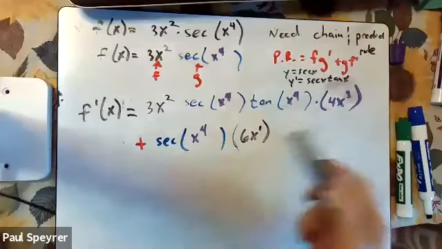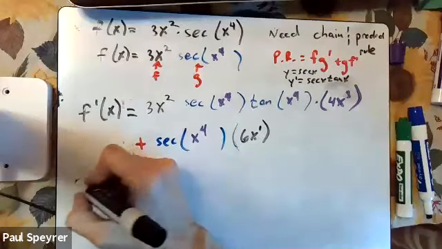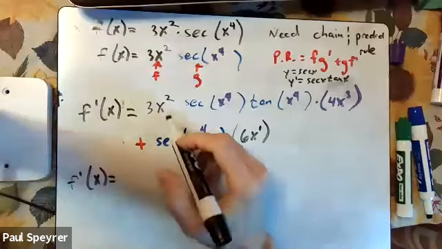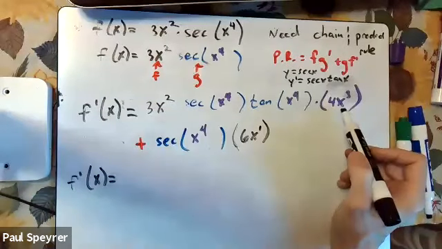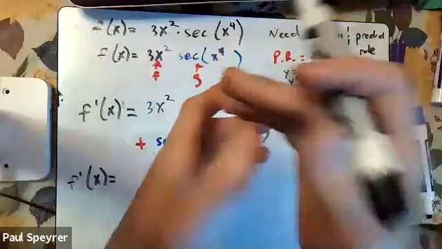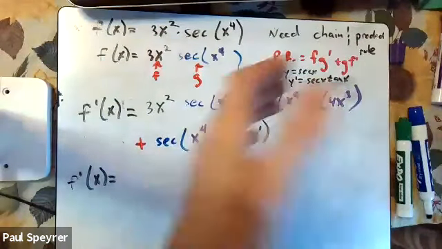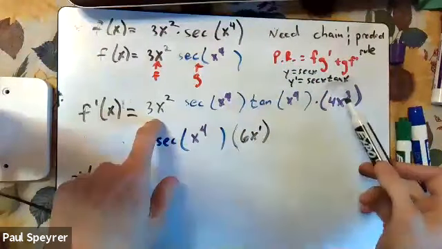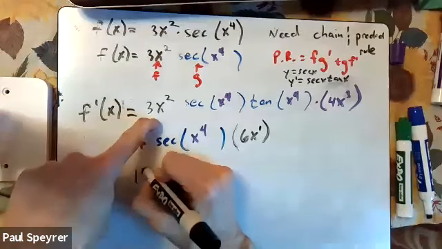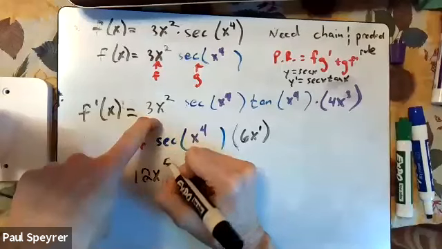And now, as far as rewriting it, we definitely should, because you notice we have x's here, x stuff right there. We can multiply those together. Normally you want the algebraic expression first and then the trig stuff. So 3x squared times 4x cubed is 12x to the fifth.